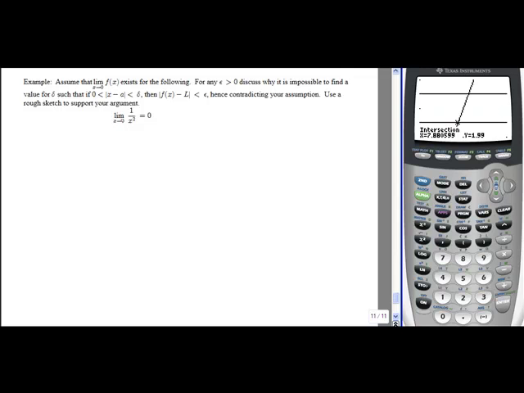So the first thing we're going to do is assume that the limit is true, that the limit exists, and we're going to pick epsilon to be whatever you want. I'm just going to pick 0.1, something relatively small.